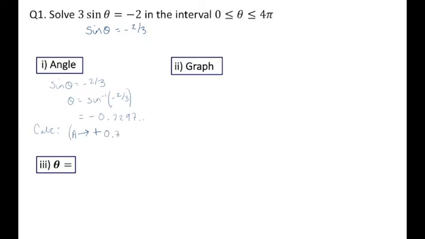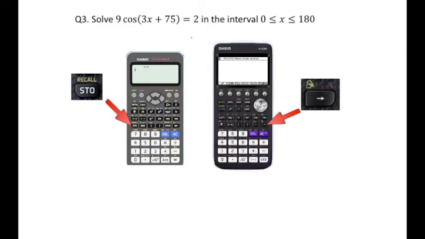So A will be 0.7297. Let me just show you how to do that to make sure you're happy with that. Depending on which calculator you have, if it's the ClassWiz, you're going to use this button, the STO. So once you've times it by -1, press this button, then press A. No need to press alpha, so if A is up here, just press store, then directly this minus button.